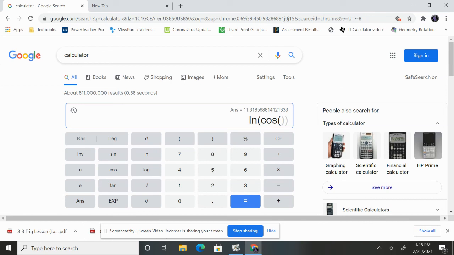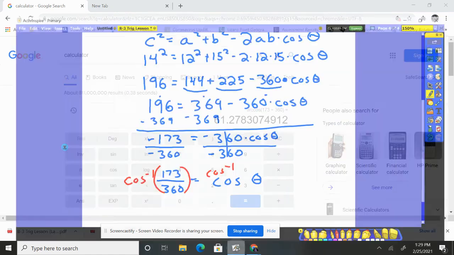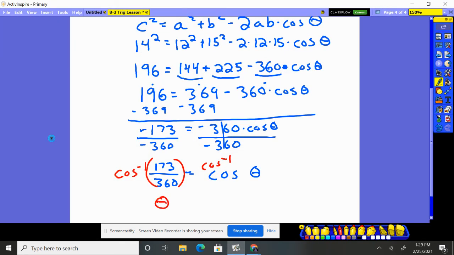I hit the inverse button and notice it brings up cosine to the negative 1. There's my inverse cosine, and it was 173 over 360. And it'll tell me my answer, 61.3 degrees, we'll say. So theta is approximately 61.3 degrees.